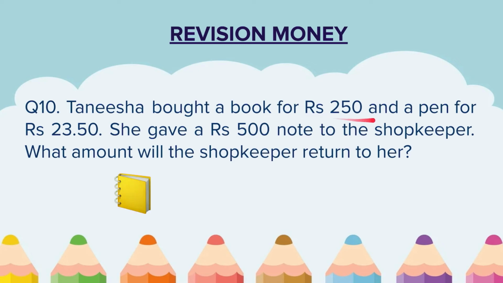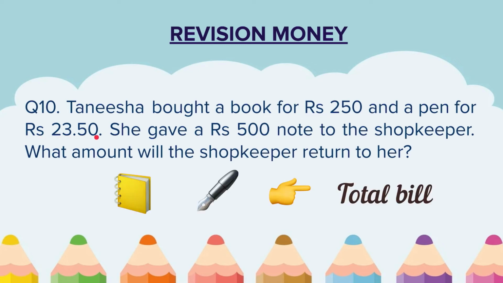The cost of book is given, the cost of pen is given. Then you will calculate the total bill. In the question it is told that she gave a 500 rupee note. Then you will have to find out what balance will be returned to her. Now you know the total bill and she gave a 500 rupee note. Based on these two pieces of information, you will find out what balance will be returned by the shopkeeper.